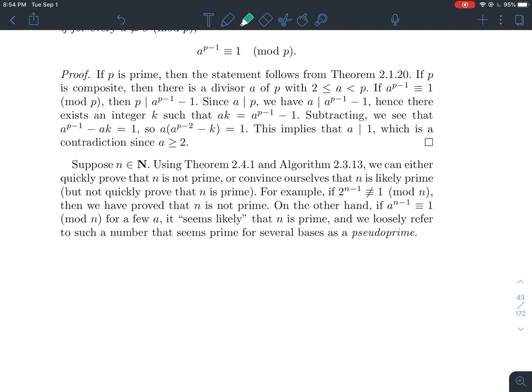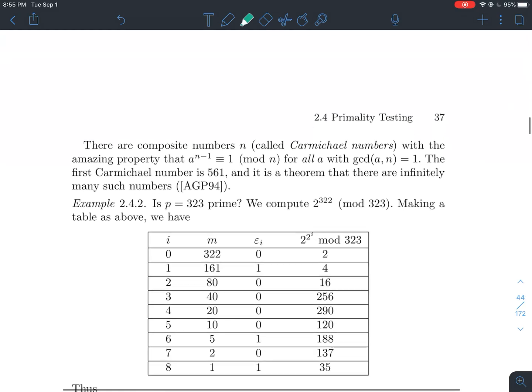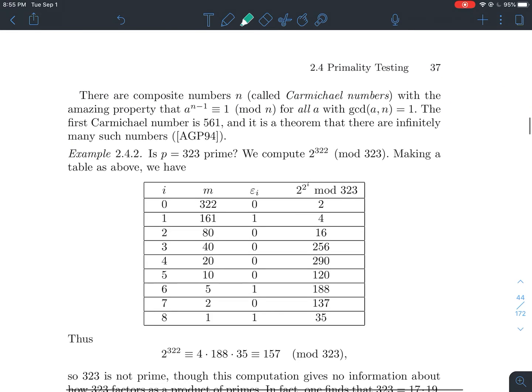But on the other hand, if a to the n minus 1 is congruent to 1 mod n for a few or a bunch of these a's, it seems pretty likely that n is prime, but you've got to check all the a's that are less than n. So if n's a really large number, that's a lot of computations to do. So for this reason, that it's pretty likely that it's prime, that's why we're going to call such a number n a pseudoprime.